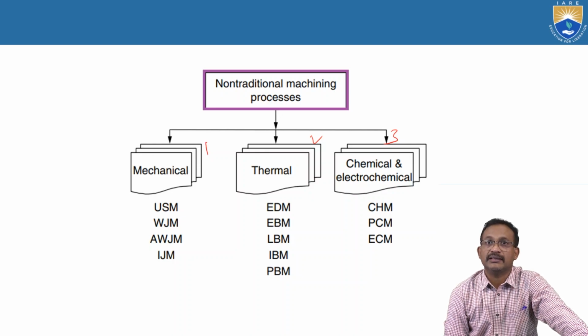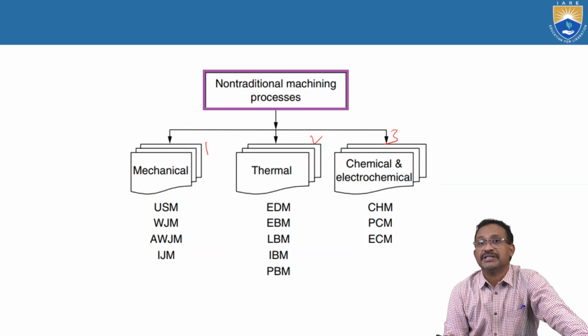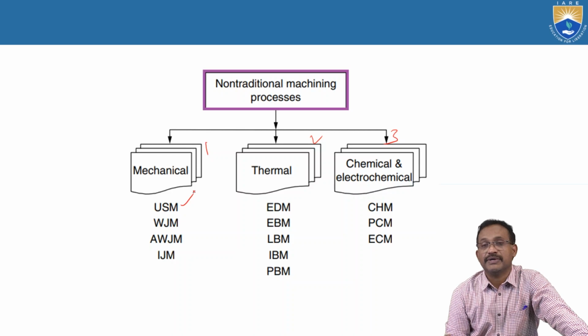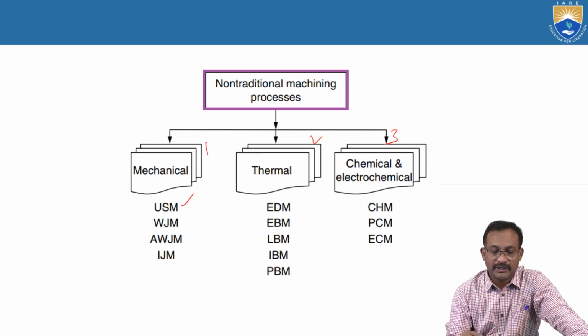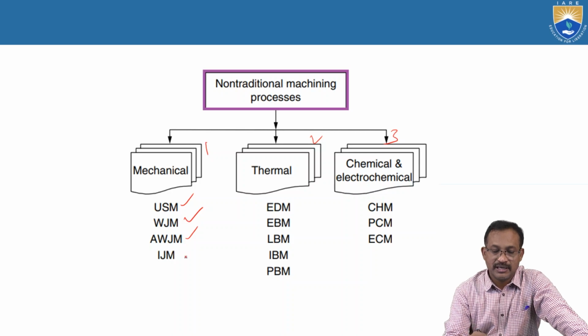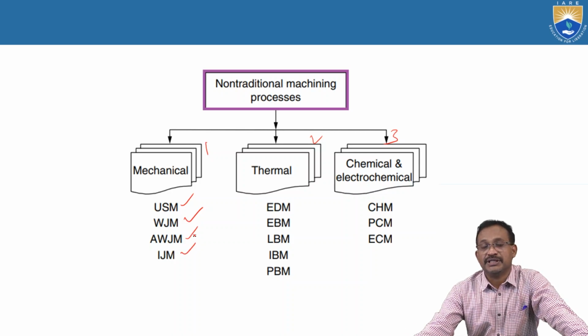Now let us see the mechanical non-traditional machining processes. The first one is ultrasonic machining, water jet machining, abrasive water jet machining, ice jet machining.